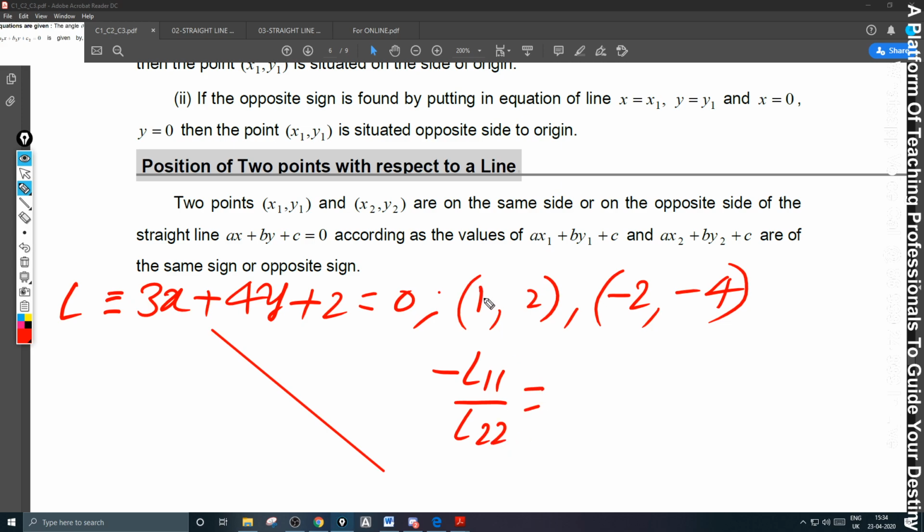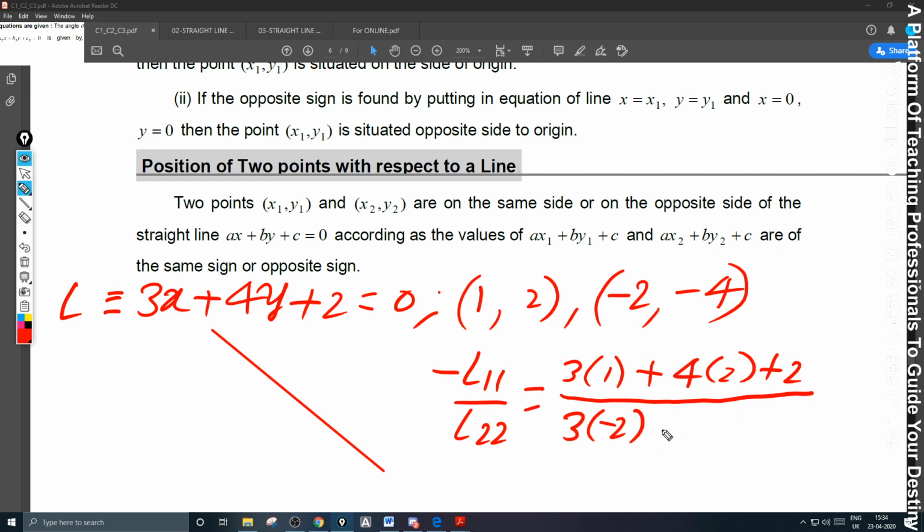What is L11? Substitute 1, 2 in this one: 3 into 1 plus 4 into 2 plus 2, divided by the second point: 3 into -2 plus 4 into -4 plus 2. Minus is there, of course, before it.